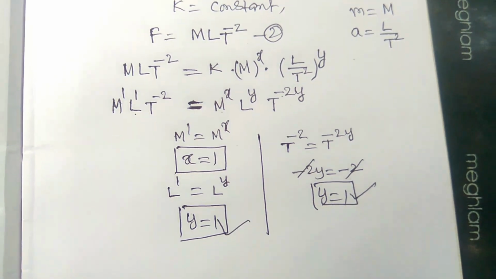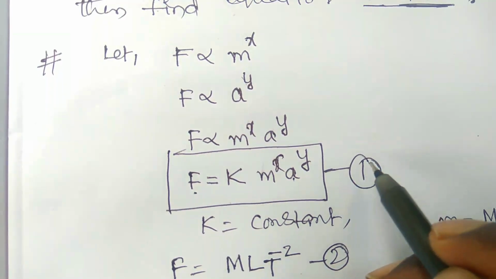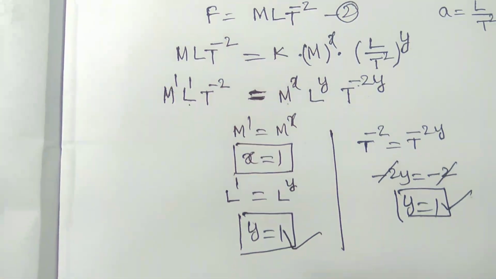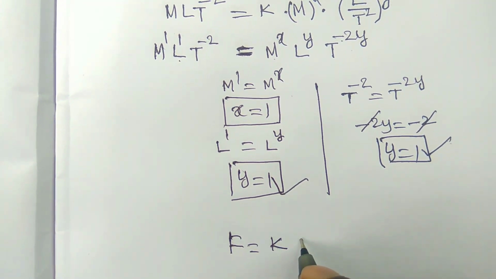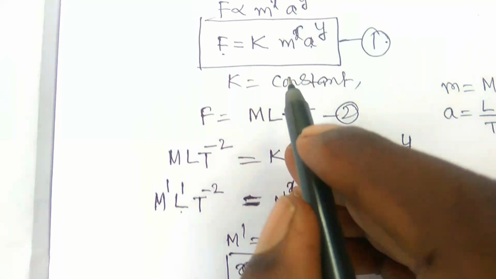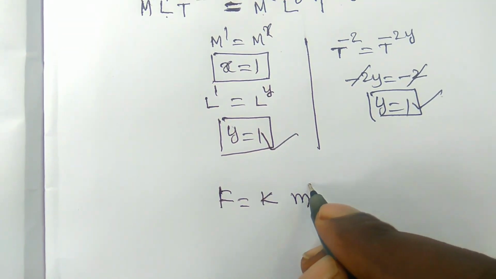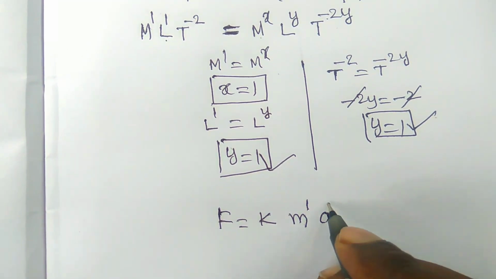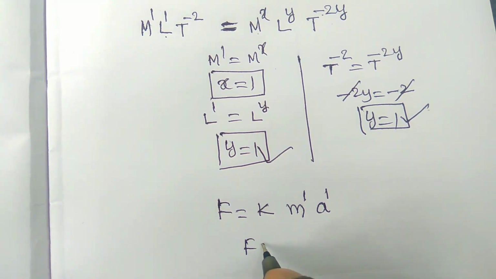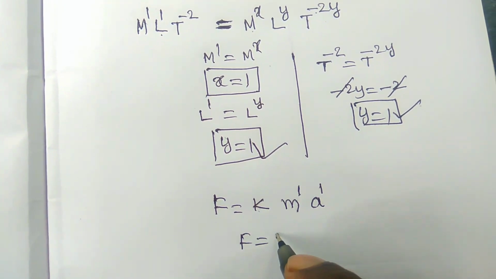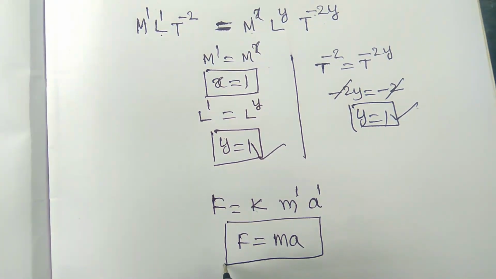Hence we can write the basic equation from equation 1: F = k · m^x · a^y, with x = 1 and y = 1, so m^1 and a^1. The constant should be omitted, so F is equal to ma.